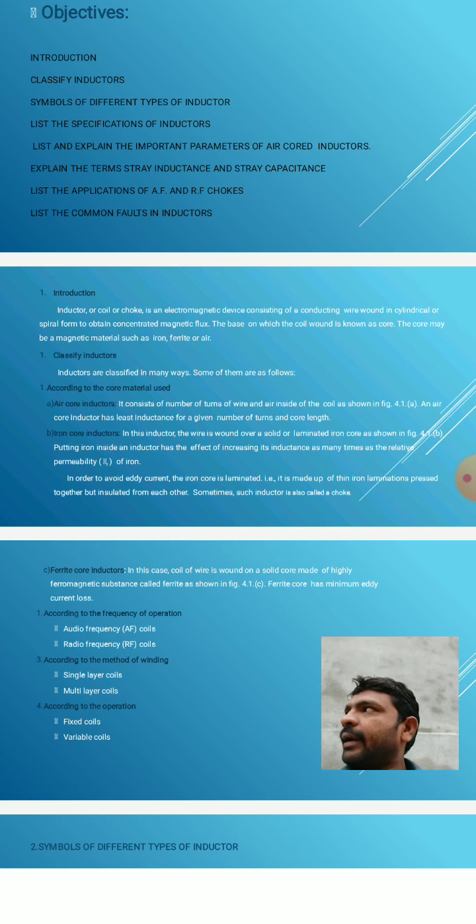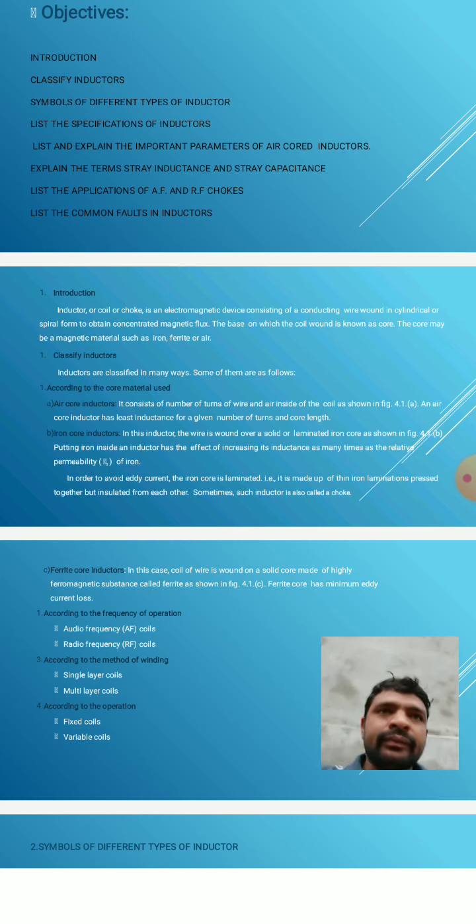The inductor is also called a coil or choke. An inductor, coil, or choke is an electromagnetic device consisting of a conducting wire wound in a cylindrical or spiral shape to obtain concentrated magnetic flux.